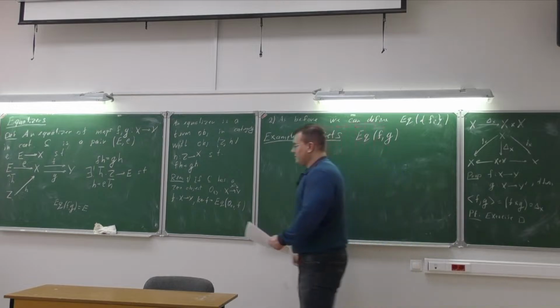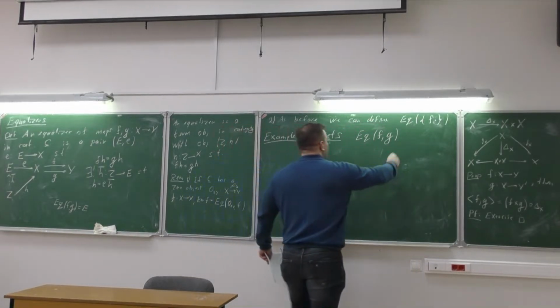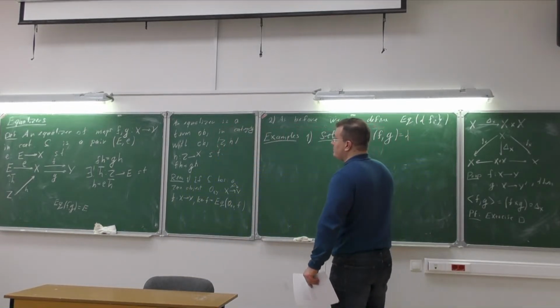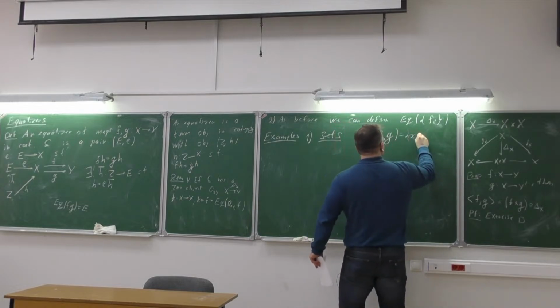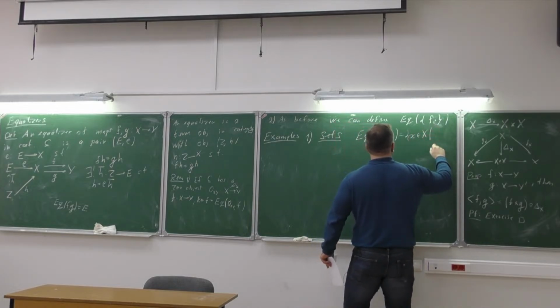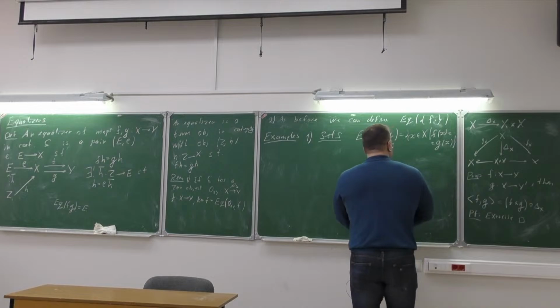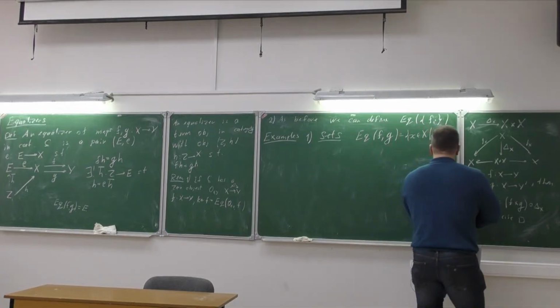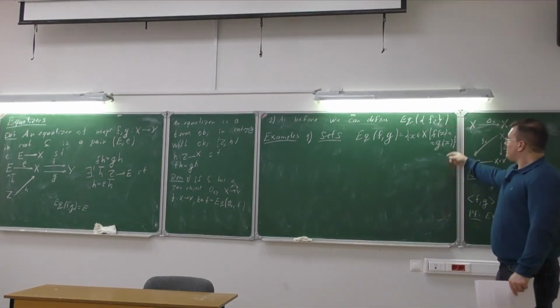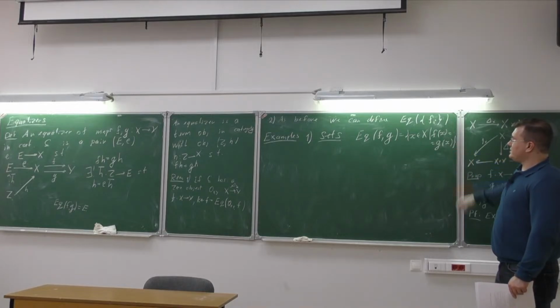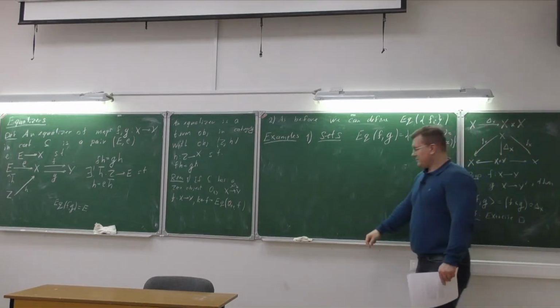Yeah, precisely. So this is all the points x in X such that f of x is equal to g of x. If this wasn't obvious, probably this is something to think about. Maybe we'll start with this example next week, because I'm out of time today.